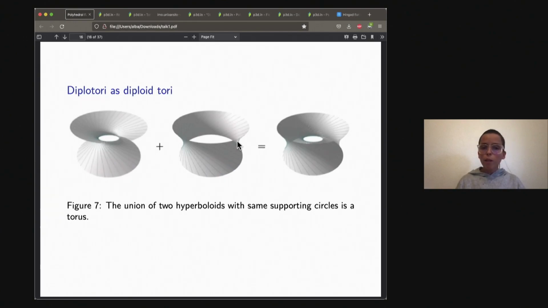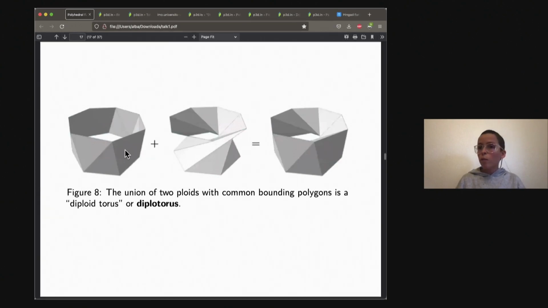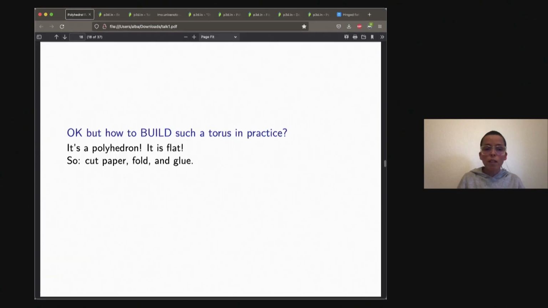When you have two hyperboloids with the same two supporting circles, you take the union, you get a torus. But now the hyperboloid is a ruled surface, and instead of taking a ruled surface, you can discretize it and get piecewise linear hyperboloids, or ploids as we call them, and when you put them together, you get a torus. And because of how it was made, the total angle will be 360 around each vertex.